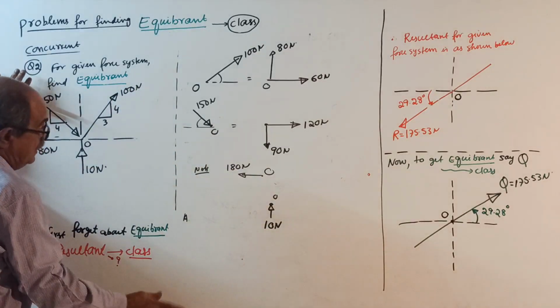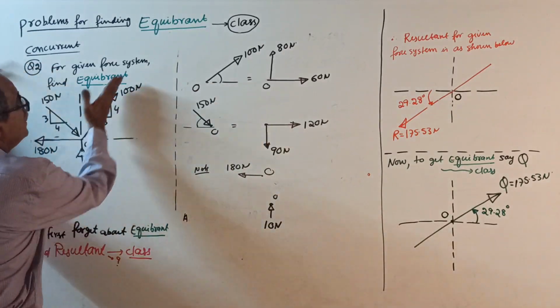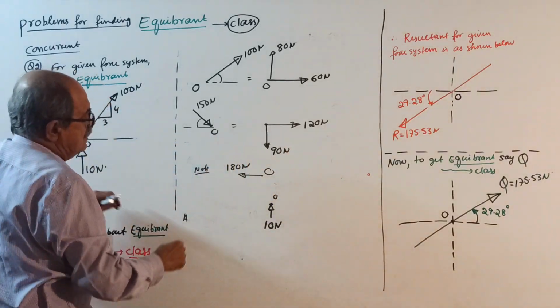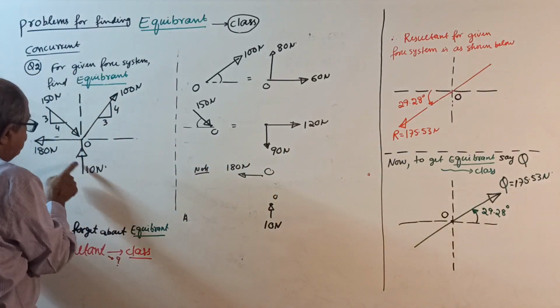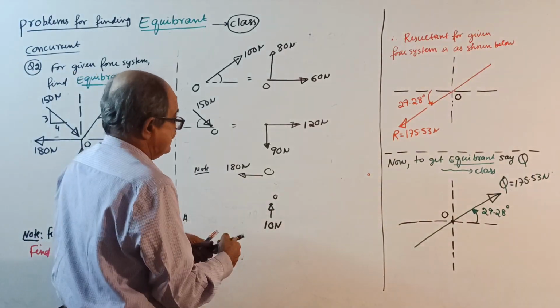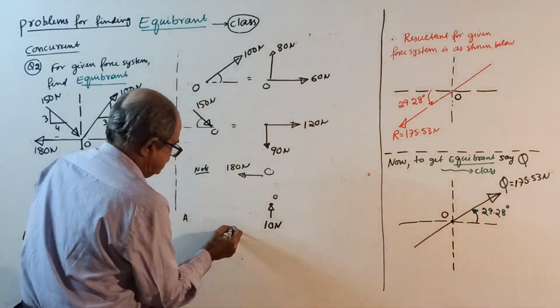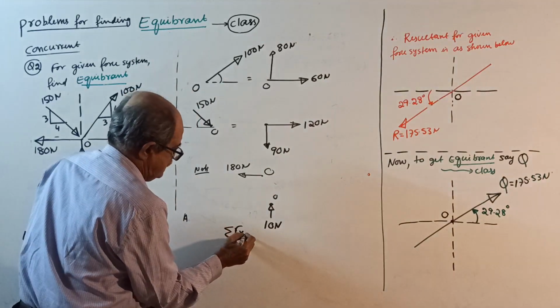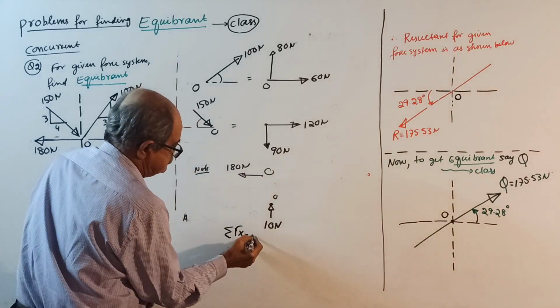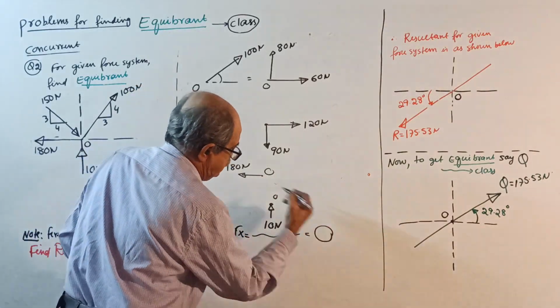Okay, same story, resolve: 100 Newton, component will come; 150 Newton, component will come. Remember, two extra forces are there. Previous question also had them. Right. Now calculate, start. First find sigma Fx. Calculate. Zero.